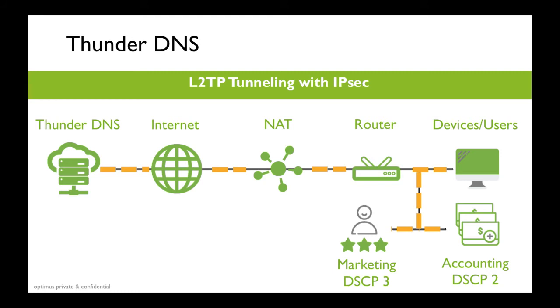This is very helpful in home or office scenarios where you want different profiles on the same network. For example, you could create an L2TP tunnel with a router and then set up to 64 unique profiles for different user applications. Thunder DNS does not limit the number of devices or L2TP tunnels that can be set up.